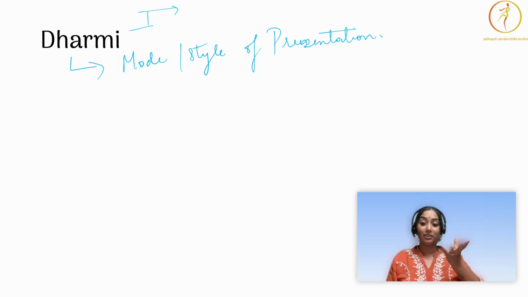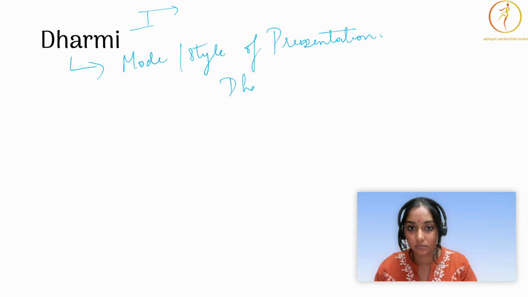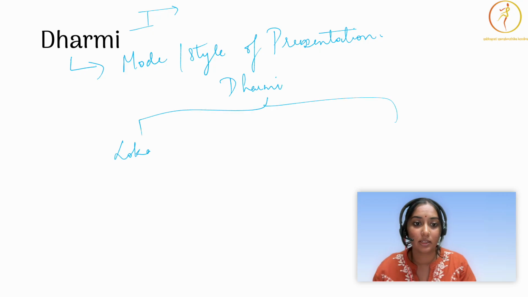Another dancer may do, take up the cup, take coffee, then this is the cup, hold the cup, and then give the cup. So what we are trying to tell is there are two different modes or styles of presentation, and Dharmi is divided into Loka Dharmi and Natya Dharmi.